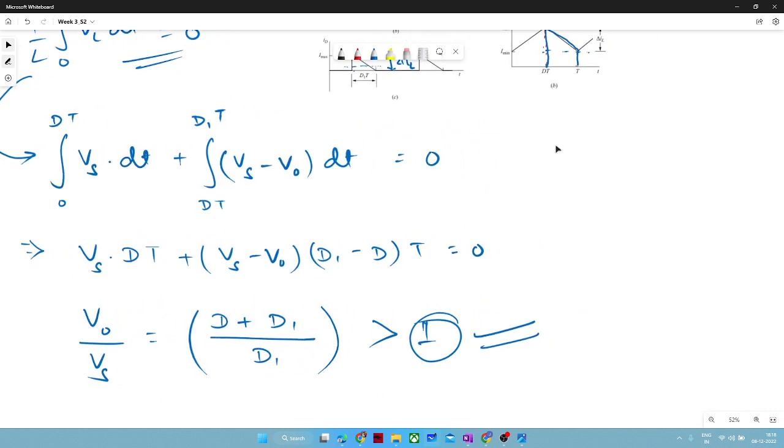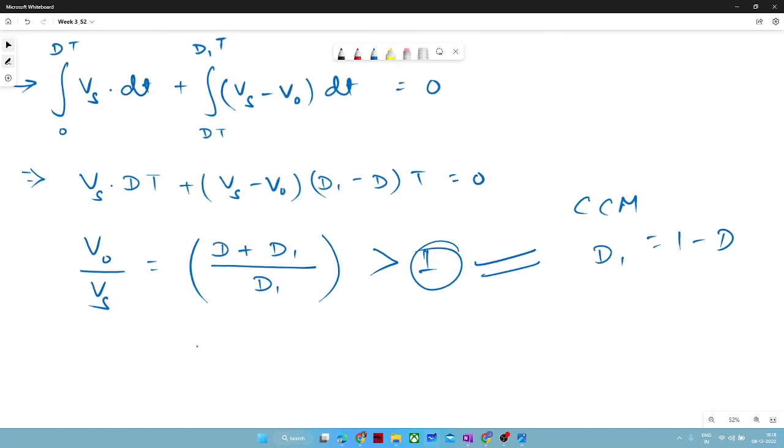And earlier, in the CCM case, D1 was 1 minus D. If you put 1 minus D here, you will get 1 by (1 minus D).